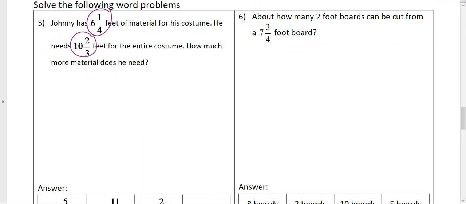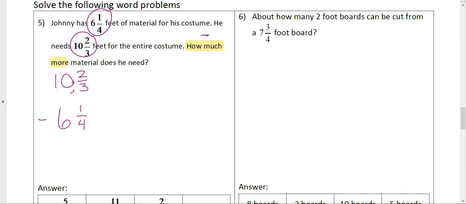It says how much more material does he need? Because it's asking how much more, and I know that I need 10 2/3, but I only have 6 1/4, how much more is telling me to subtract them to figure out how much more I need. So I'm going to do 10 2/3 minus 6 1/4.